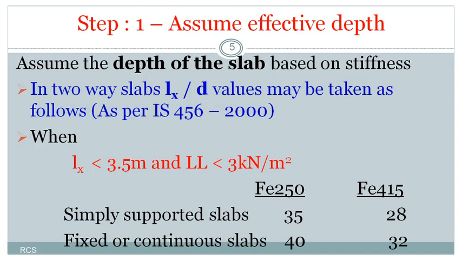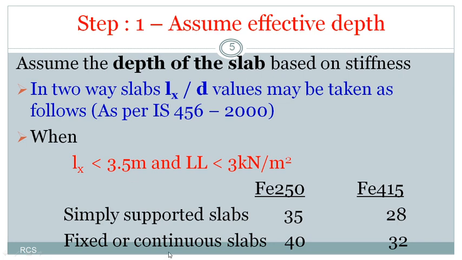The first step would be to assume the effective depth. We have to assume the effective depth based on the stiffness criteria. In a two-way slab, the Lx by d value may be taken as follows as per IS 456-2000. When Lx, that is the shorter span direction length, is less than 3.5 meters, then the live load will be up to 3 kN per meter square.